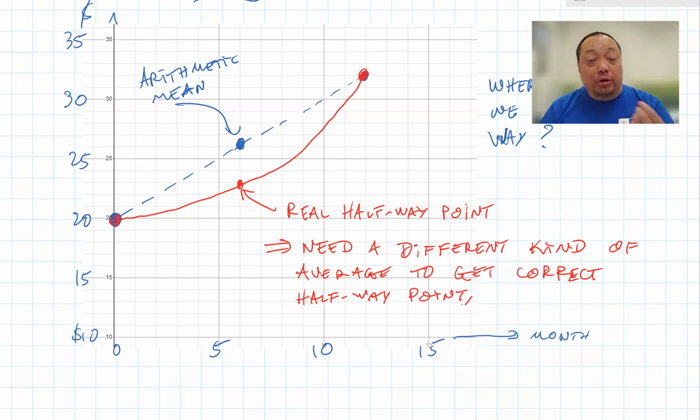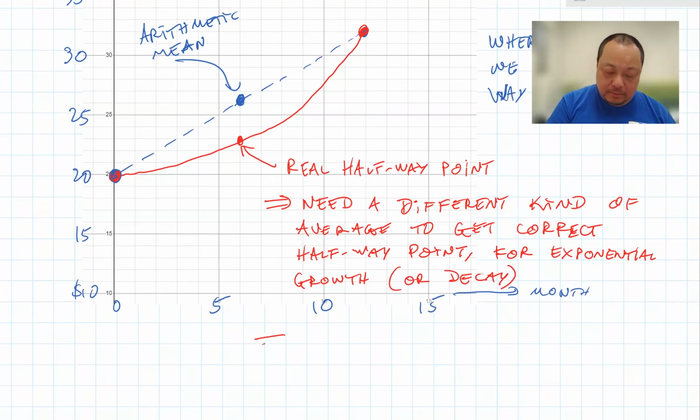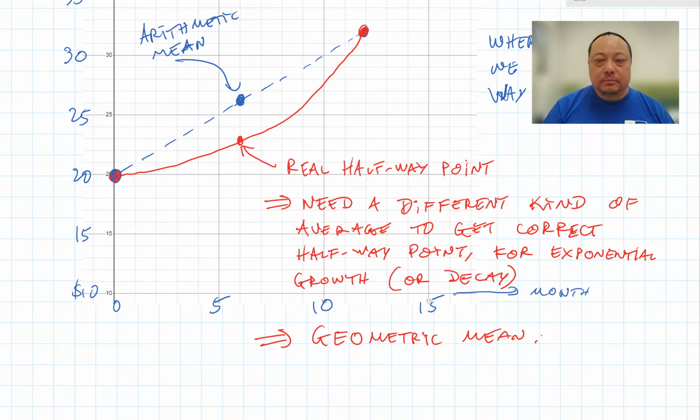For exponential growth and decay as well. That is the inspiration for the geometric mean. So yeah, you may be wondering why a mathematician's coming up with weird things.